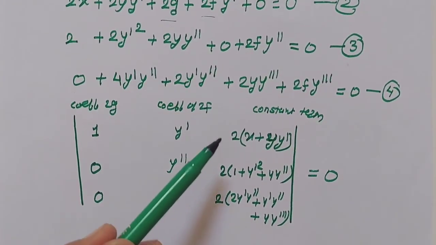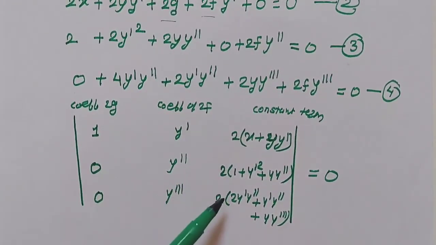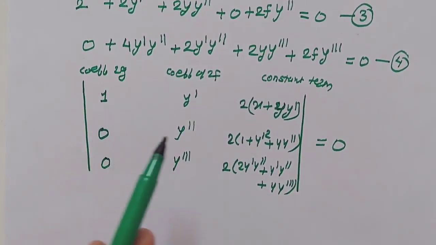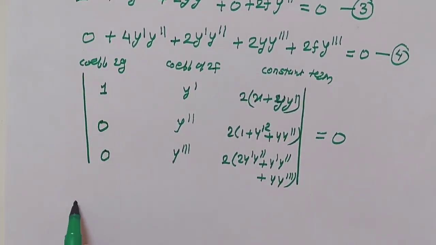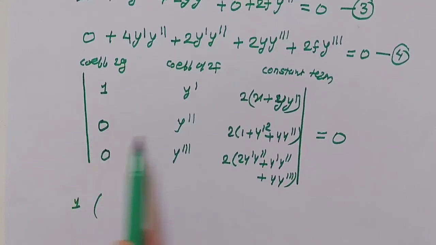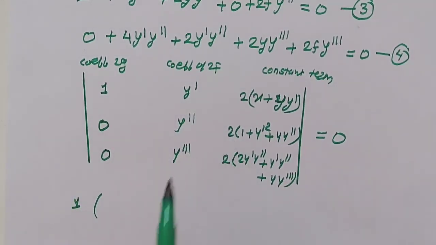Now see here, in this last column 2 is common. If we take 2 common outside and divide by 2, after that we just have to solve this determinant. So here, corresponding to 1, you have to eliminate its row and column and simplify this determinant.